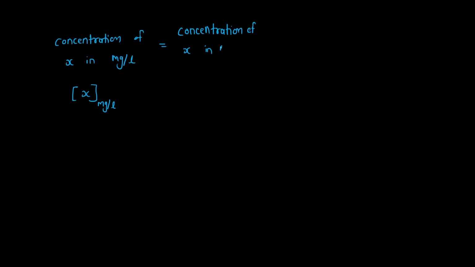Concentration of X in mg per liter is equal to concentration of X in moles per liter multiplied by molecular weight into 1000.